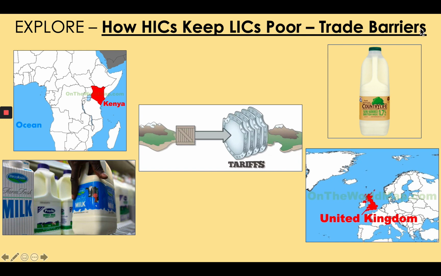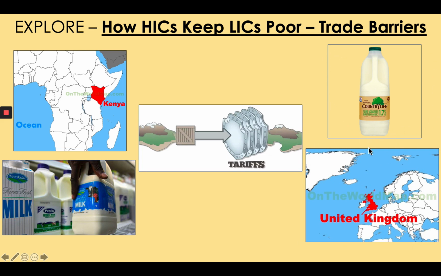Well, let me show you the UK farmer. This is a typical 2-litre bottle of milk made in the UK. The UK government wants to protect UK farmers. It wants to make sure that UK farmers still make a good income, because the UK farmers, like the other people in the UK, vote for the UK government and keep them in power.